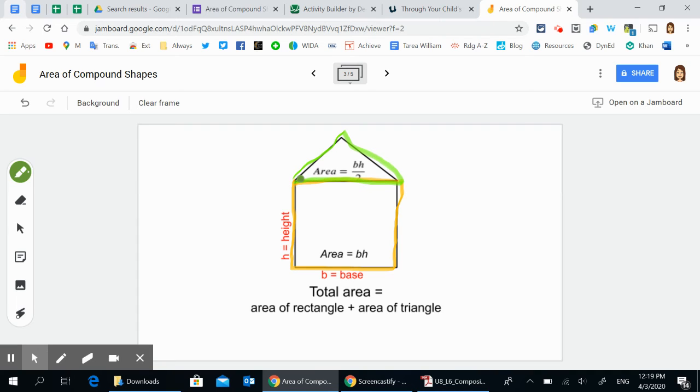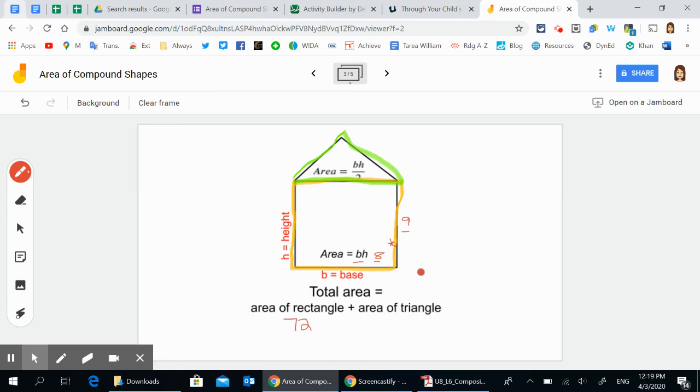So I need to calculate each shape separately and then add them together. So if the base of my rectangle is 8, and let's say that this is 9, the area of my rectangle is base times height, or 8 times 9, which is 72.